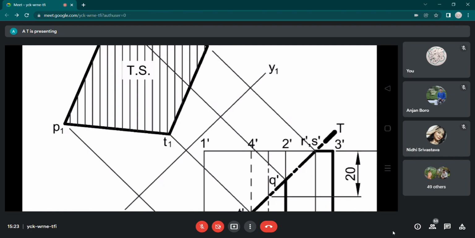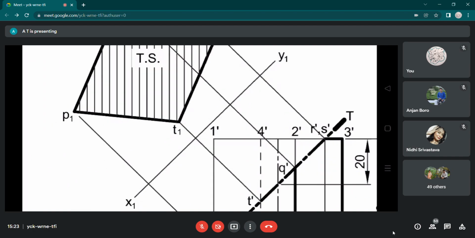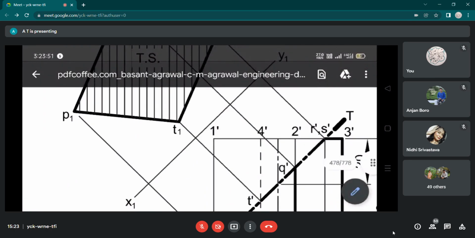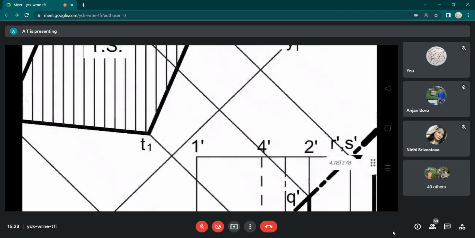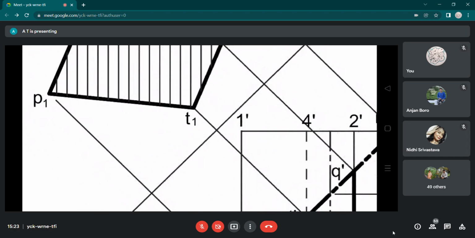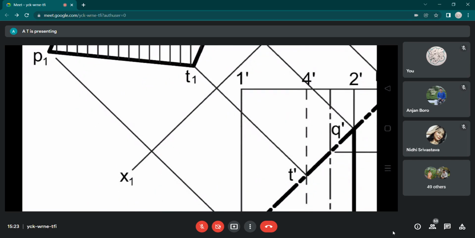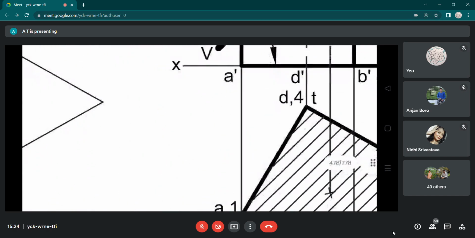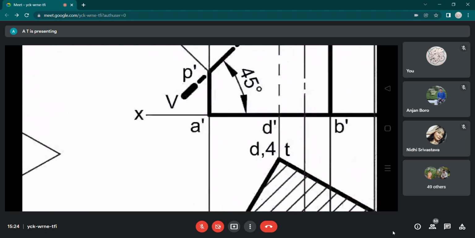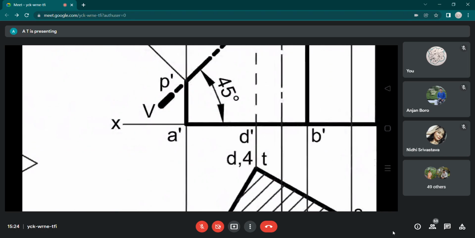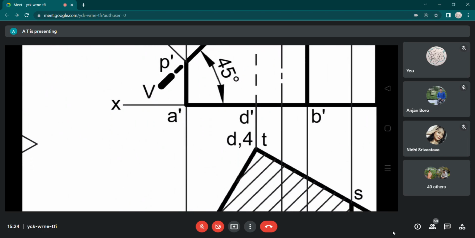Next thing that will come to your mind, sir, how you got this P1 point, at what distance you have drawn it from the X1, Y1 line. This distance of P1 from X1, Y1 line is the same as the distance of this P of top view from XY line. Is that clear?